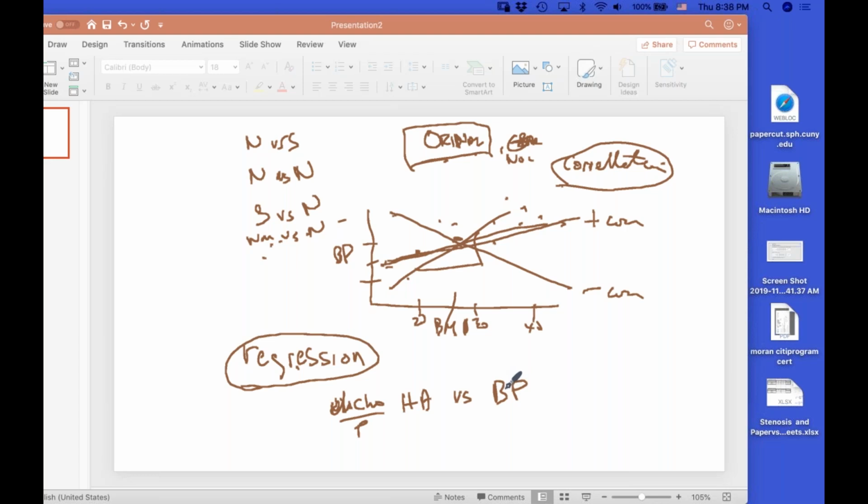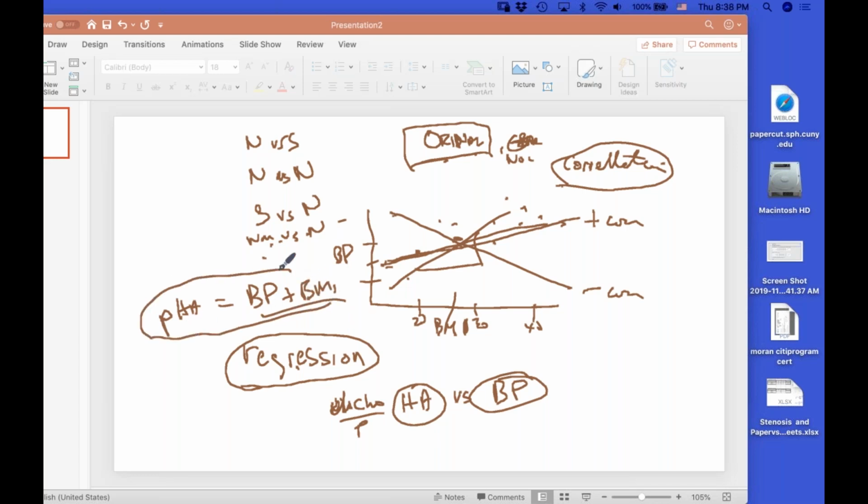So maybe we can look at people who had heart attacks and what their blood pressure was, and maybe we can combine this numerical variable in such a way that we can figure out what the probability is of having a heart attack based on what your blood pressure is, maybe plus what your BMI is, and so forth. This kind of analysis, where you're looking at how these different variables associate with a probability, right?